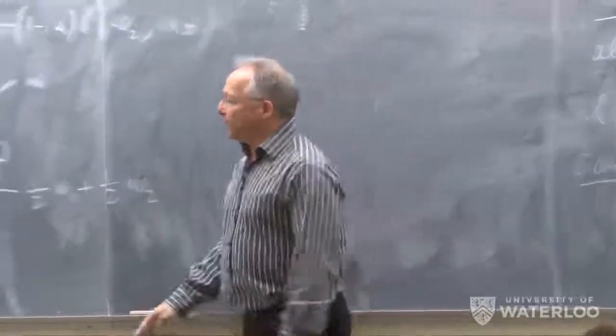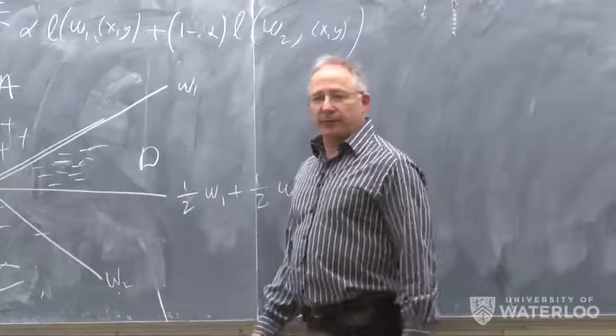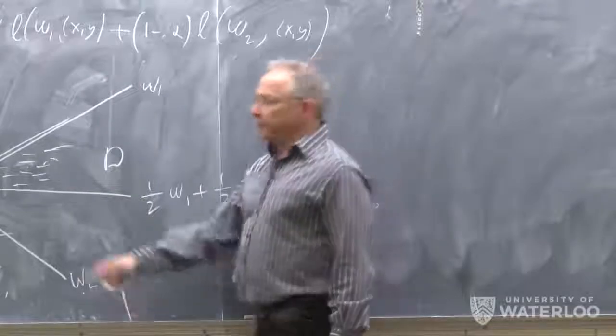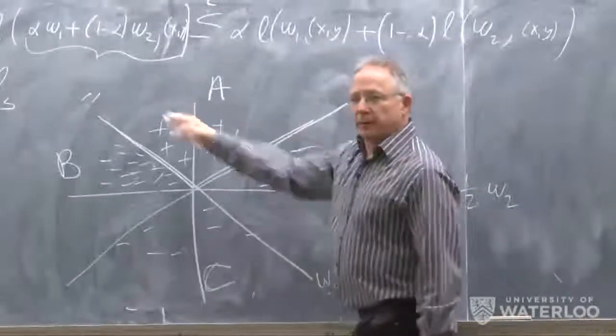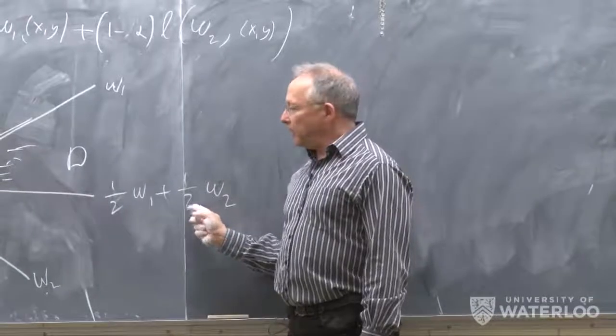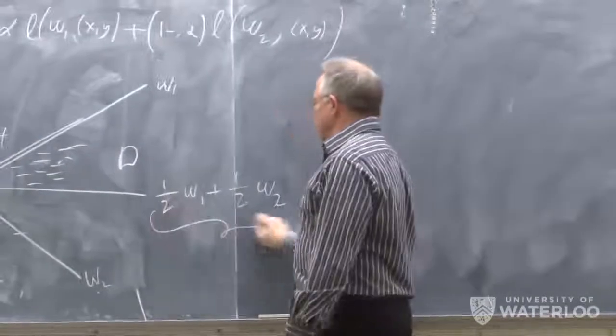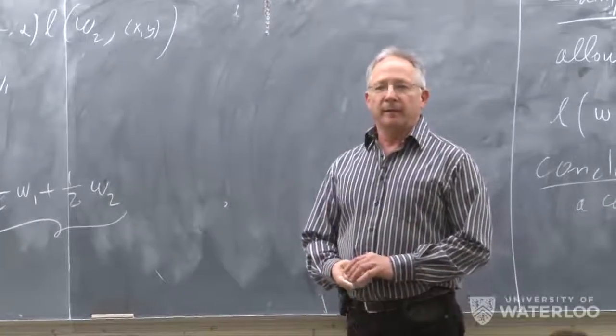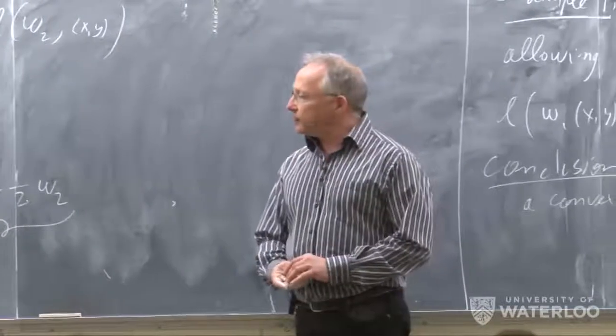It's not difficult to see. This is just the average between those two vectors. This is the vector W1. This is the vector W2. I take the average, I guess this guy. Now, what is the loss of this vector?